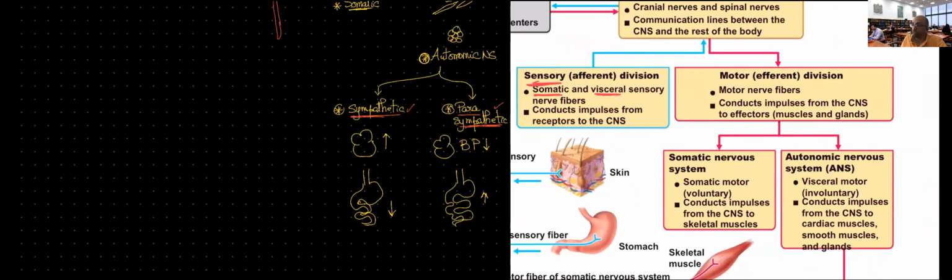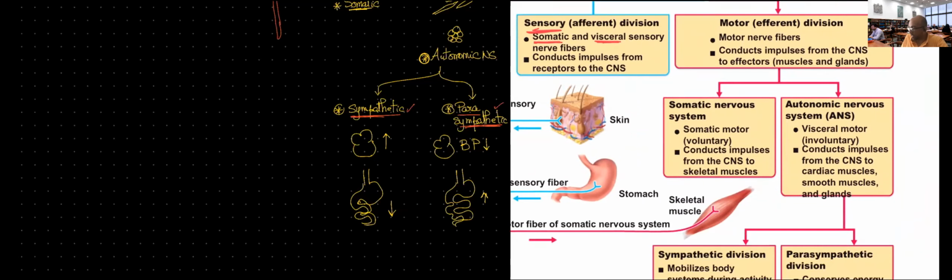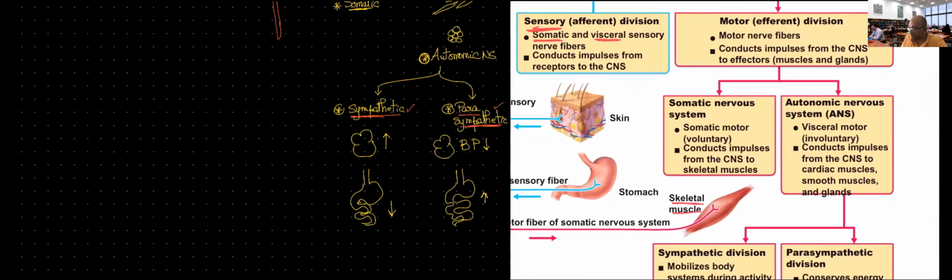Efferent division, or the motor division, sends out motor signals to the effector organs. If those organs are skeletal muscles, they are under voluntary control, so we classify the nerve fibers as somatic motor nerve fibers, and we consider this the somatic nervous system.